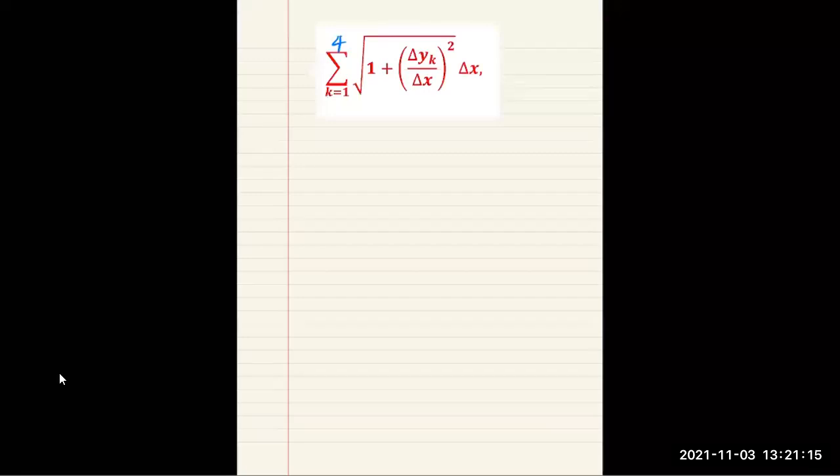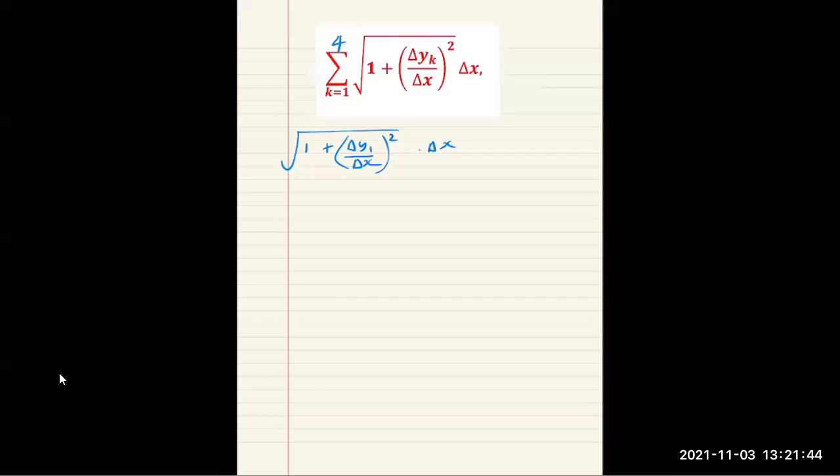Right, here is the formula to find the lengths of the 4 line segments, because I have k goes from 1 to 4 here because I have only 4 line segments here. So we need to find the sum of lengths of those 4 line segments. If you plug in k is equal to 1 in this expression, you get the square root of 1 plus delta y1 divided by delta x squared times delta x.